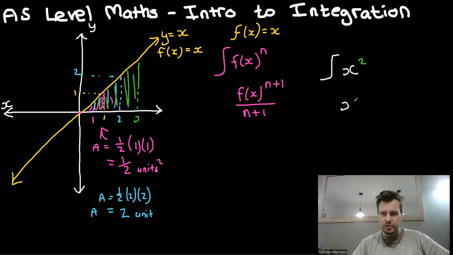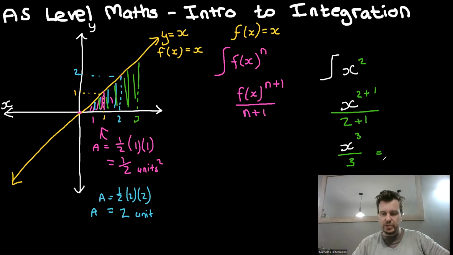Because what we do is we add to the exponent, right? So it's 2 plus 1. And then we're dividing by 2 plus 1. And so our answer would be x to the 3 over 3.